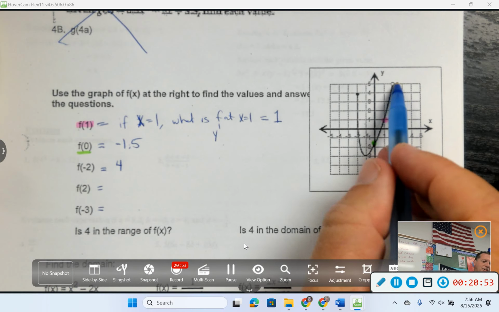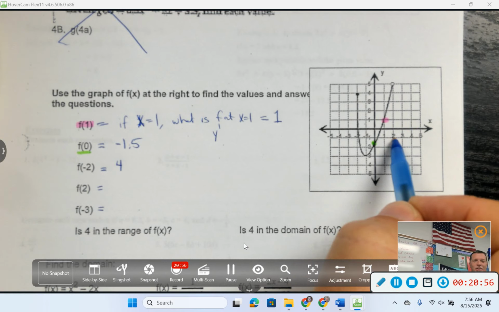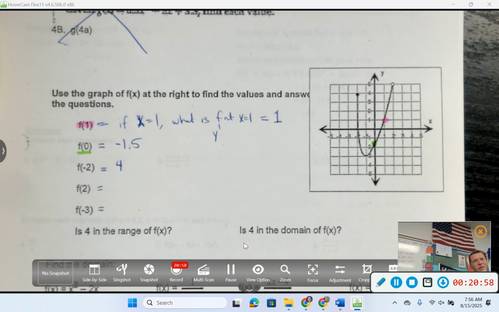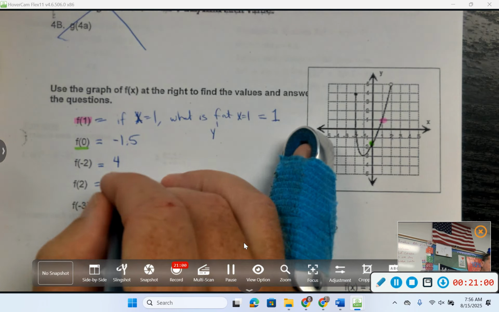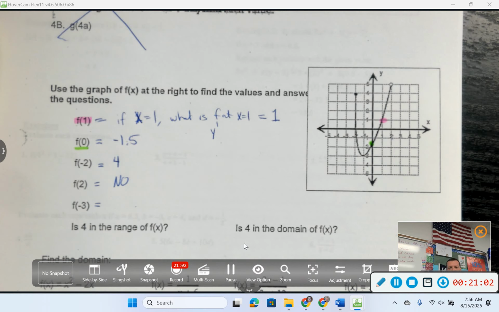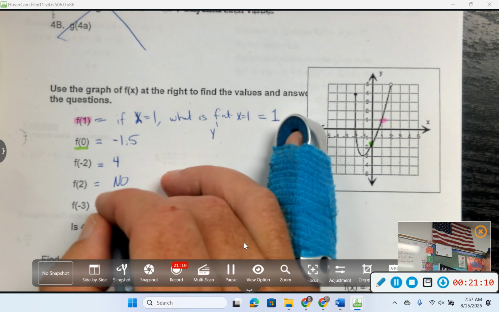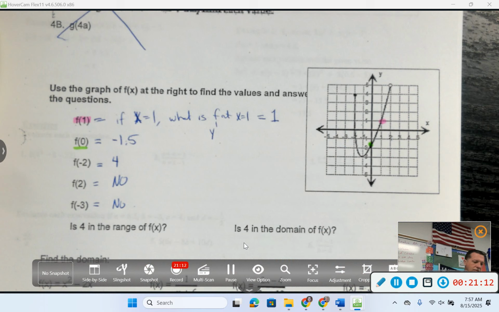The function's less than 5, but at 2, it's a trick question. There is no value there. It's undefined at x equals 2. And the same thing at negative 3. That one's a little more obvious because that's way off the graph.